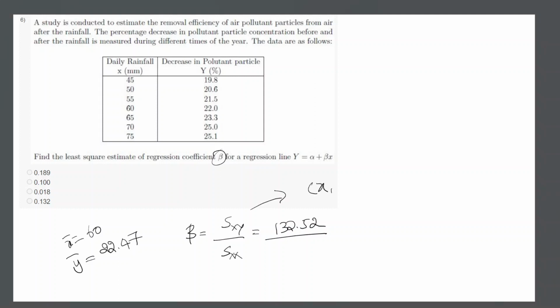Sxy can be written as the sum of xi minus x bar into yi minus y bar. Sxx can be written as the sum of xi minus x bar the whole squared, which is 700.